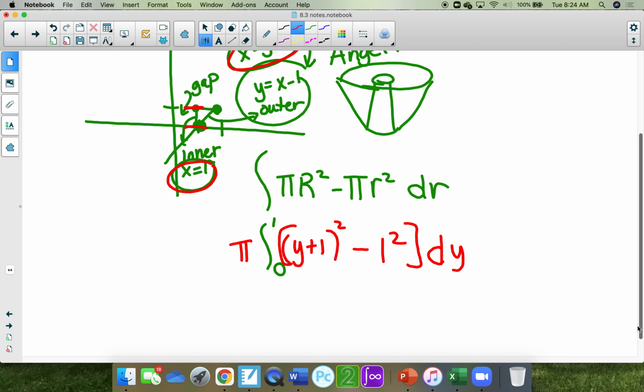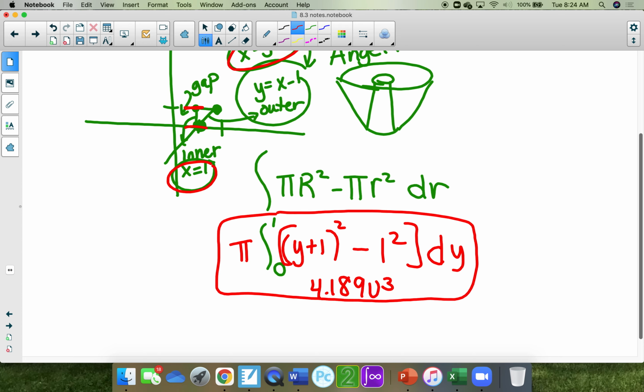This is going to end up being 4.189 units cubed. That's spinning this around the y-axis.